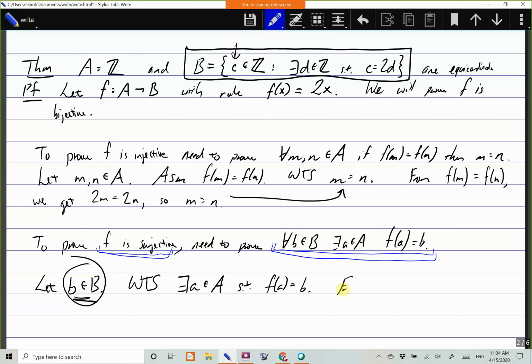We get that there exists a d in integers such that, c was the placeholder that we're replacing with b, that b is equal to 2d.